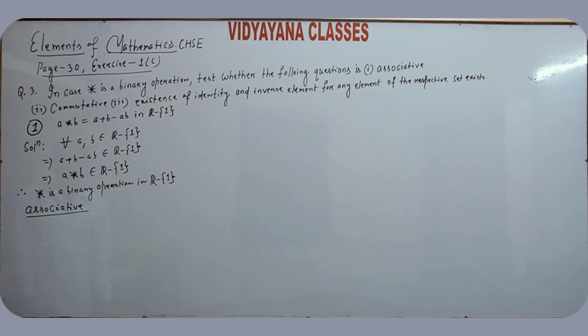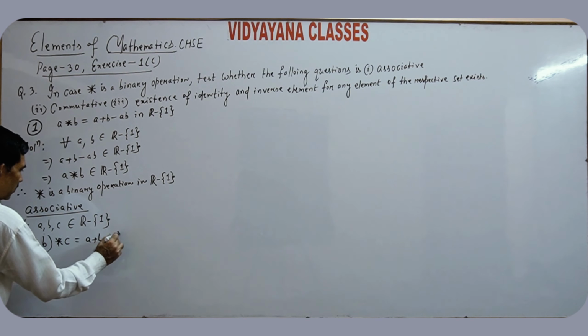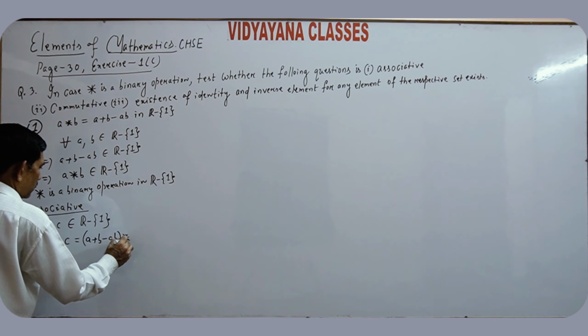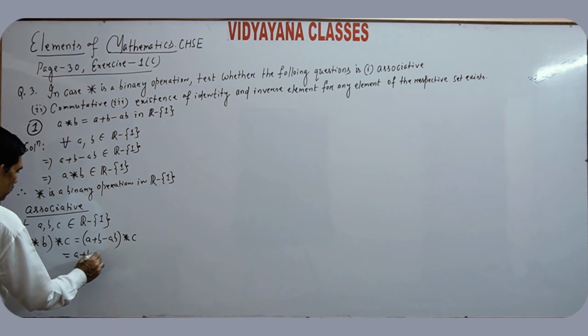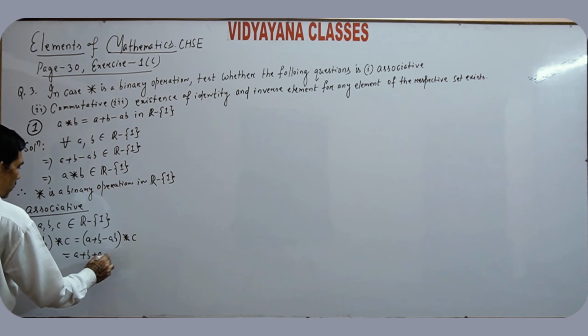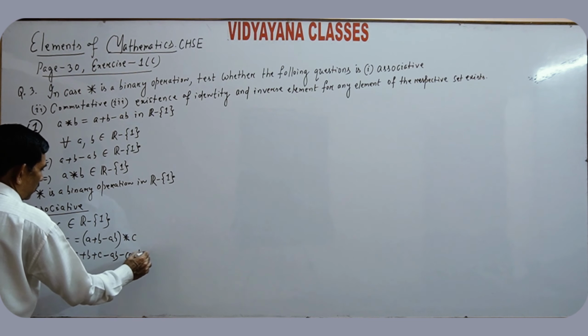For all A, B and C belongs to R minus set of 1, A star B bracket star C. A star B is equal to A plus B minus AB, star C. It is taken as A, it is B, which is equal to A plus B plus C, this plus this minus AB, this into this, that is equal to minus AC minus BC plus ABC.